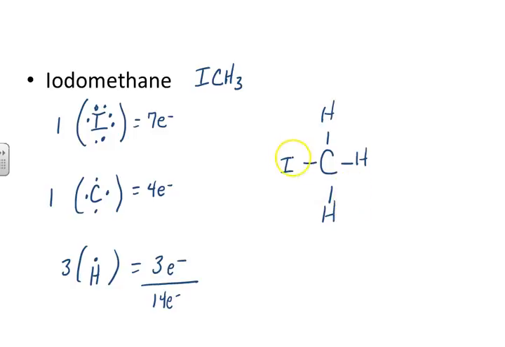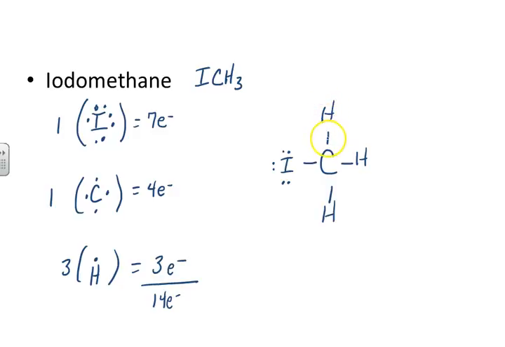In our next step, we look to see that we have an octet on each atom that follows the octet rule. Carbon is the first that has 2, 4, 6, 8 electrons. Iodine has 2, 4, 6, 8 electrons. Hydrogen does not follow the octet rule.